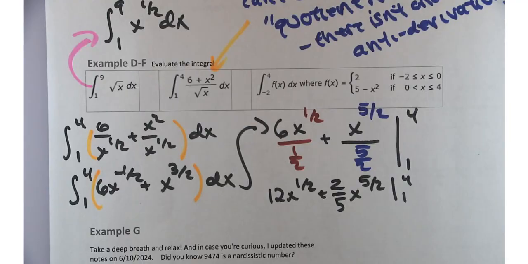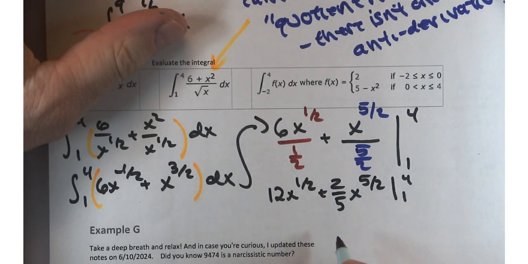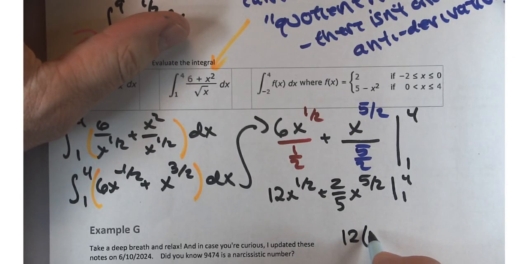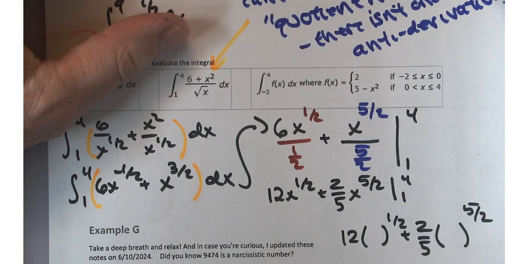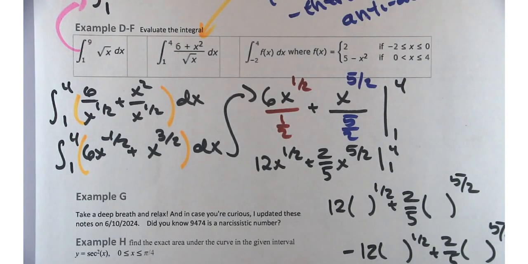Now here's where it gets a little bit messy. We've got to do 12 times 4 to the 1/2 plus 2/5 times 4 to the 5/2, minus 12 times 1 to the 1/2 plus 2/5 times 1 to the 5/2. That's going to get a little bit messy here.